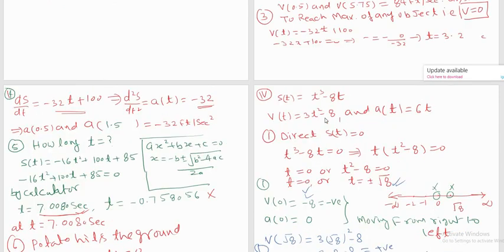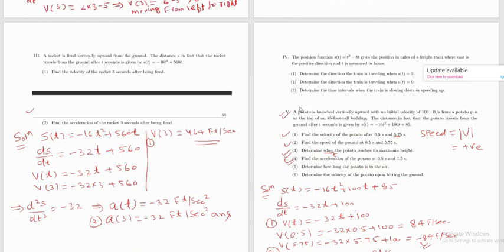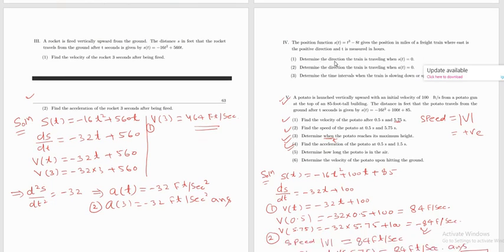Now I am coming to the next question. The position function s(t) is given, in miles. Determine the direction the train is traveling, and whether it is speeding up or slowing down.